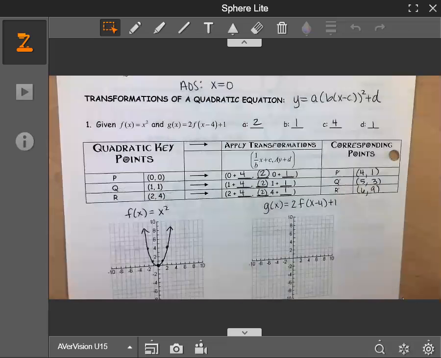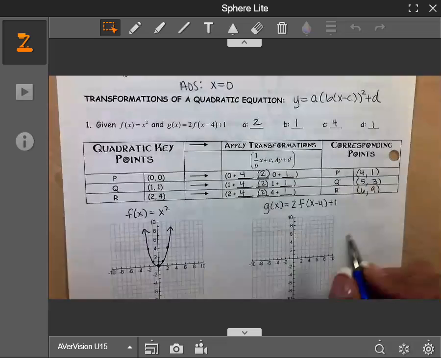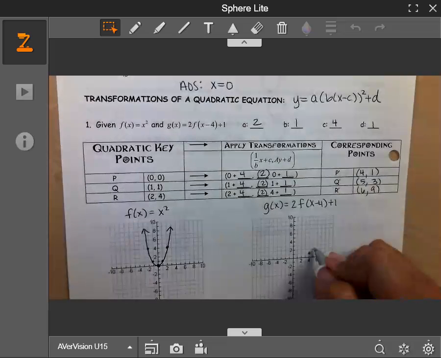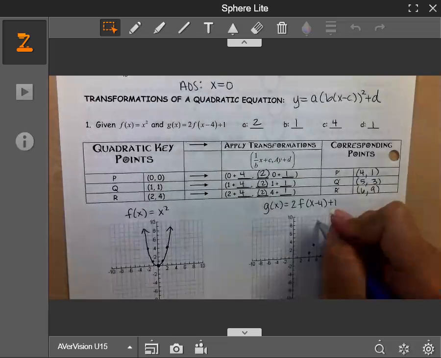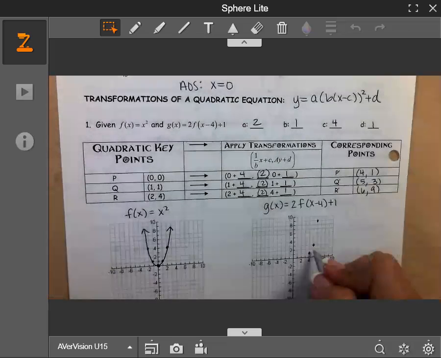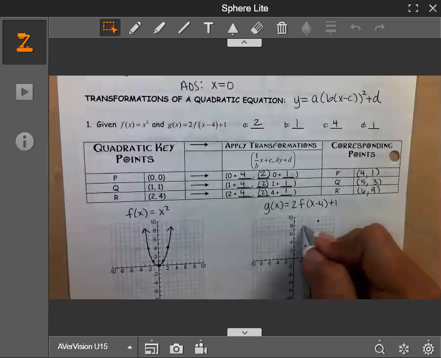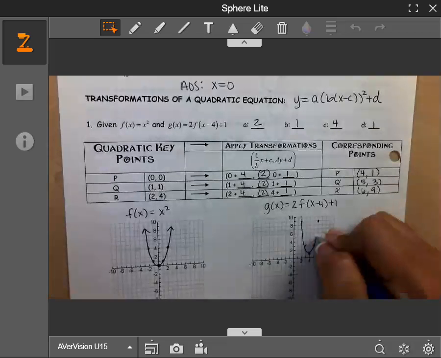In this case, we've got these new points. So 4, 1, 5, 3, and 6, 9. And whatever happens on the right must also happen on the left, since we know it is symmetrical across the vertex. So we've got this parabola here.